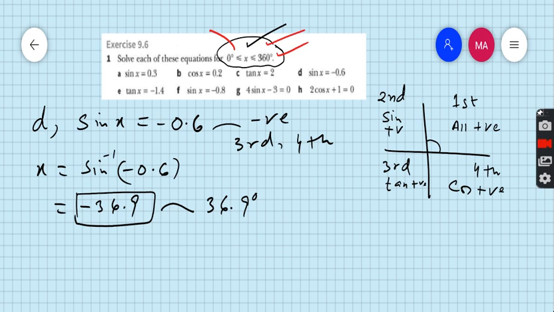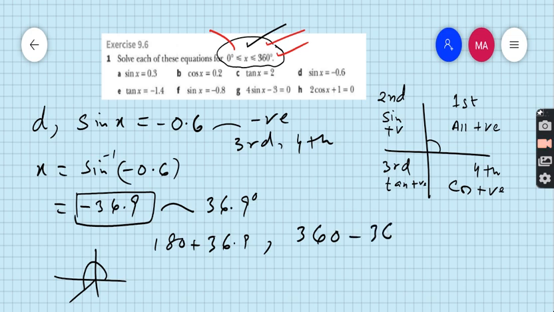Acute means less than 90 and positive angles. Now this value 36.9 can be used in the third quadrant, 180 plus 36.9, and second is 360 minus 36.9.